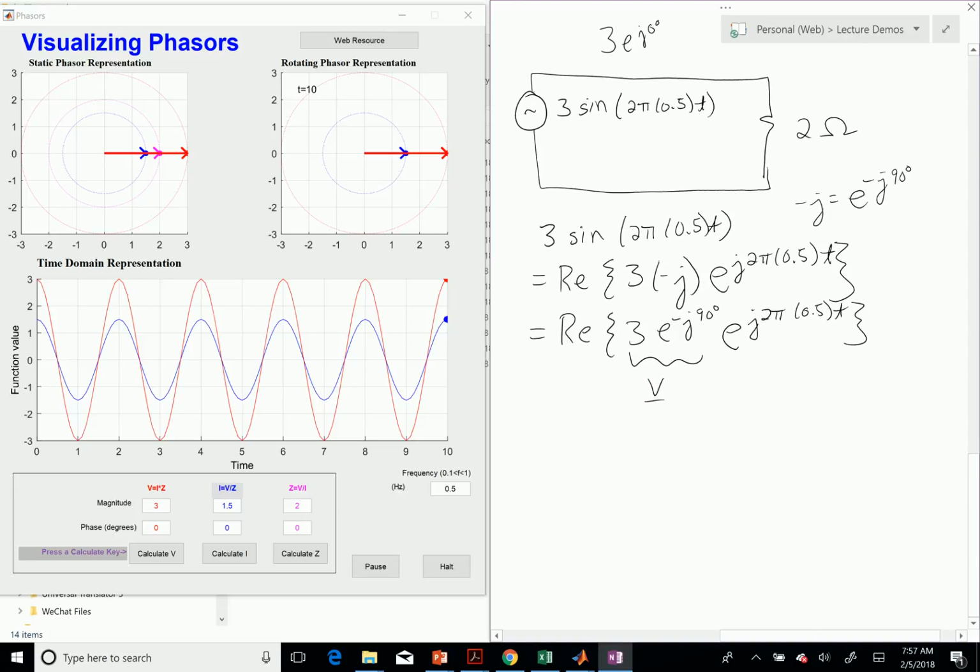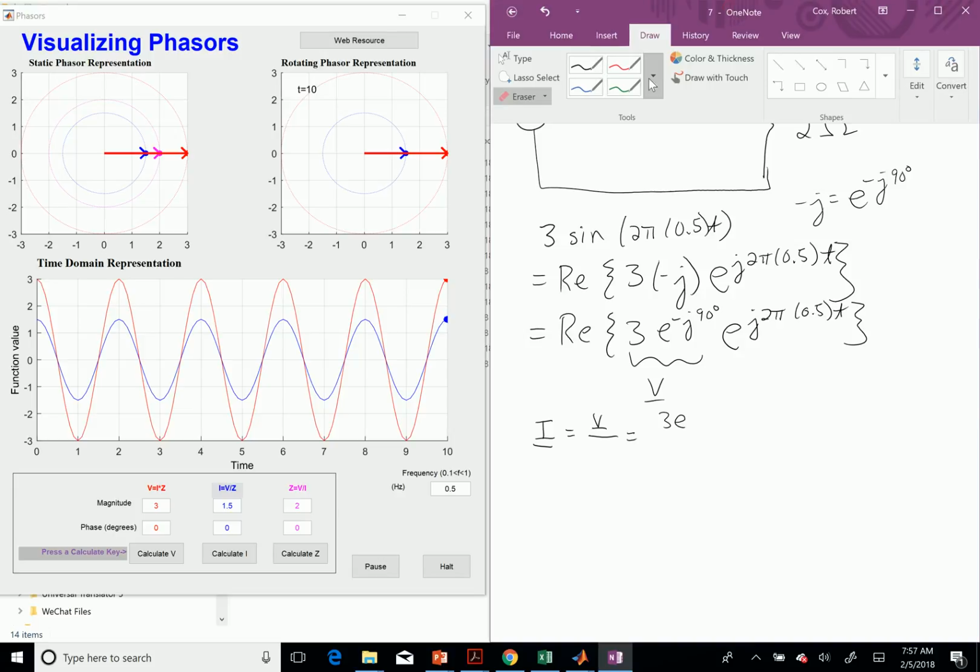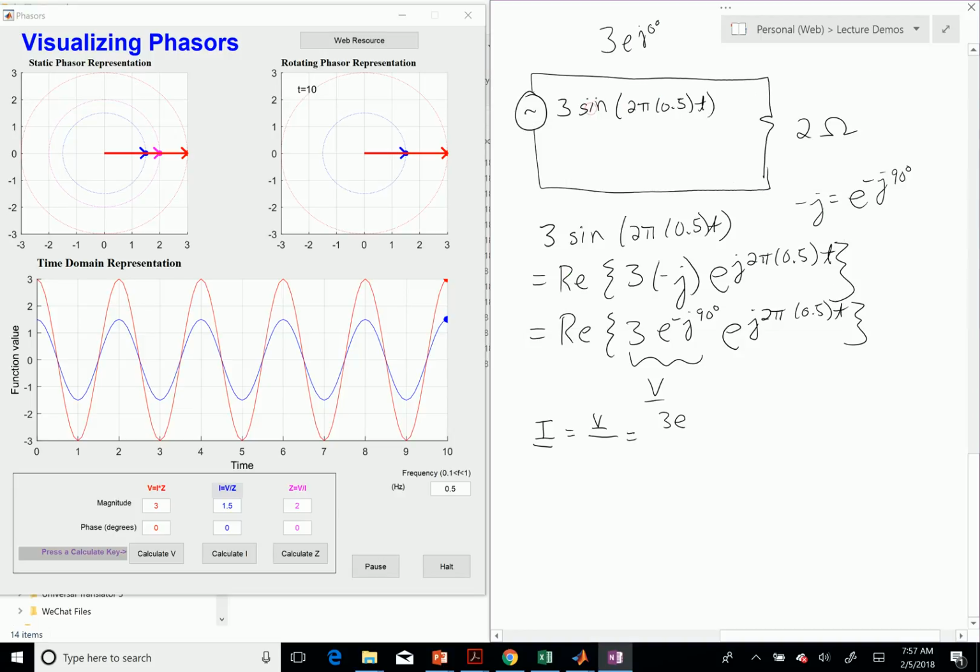So if I draw for this particular case, what's the current phasor? The current phasor is the voltage phasor divided by 2, because my resistance is 2 ohms.